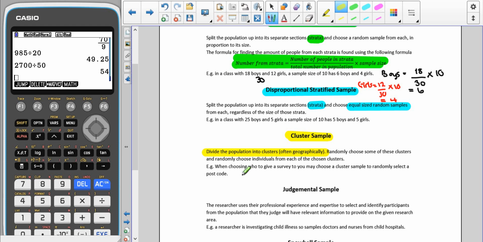So having, say, sections 1, 2 and 3, and then 7, 8 and 9 would be much easier than having 1, 5, 9 and so on, because that way, you can keep the pupils in a smaller area. So a cluster sample would be more beneficial in that sort of circumstance where you're wanting to limit the amount of travel that you're having to do or help with the amount of supervision that you're having to provide.